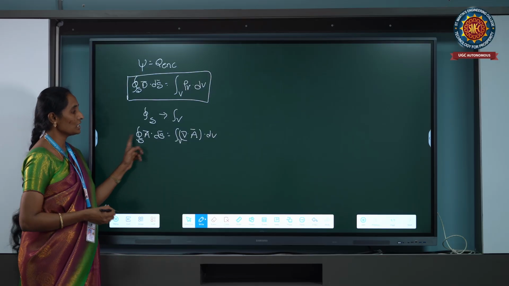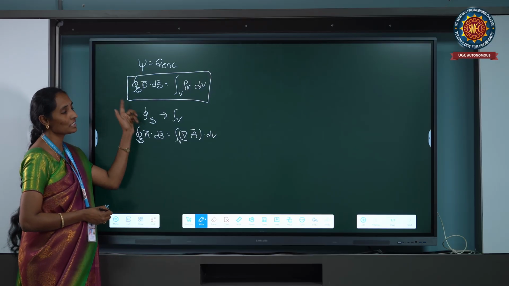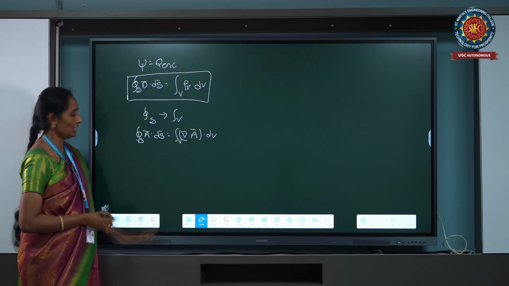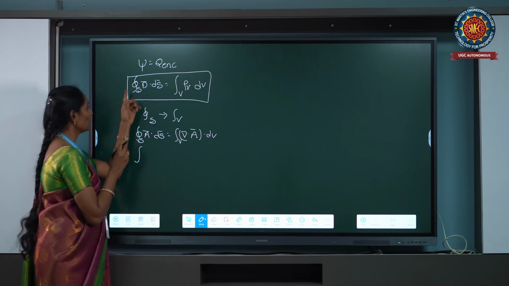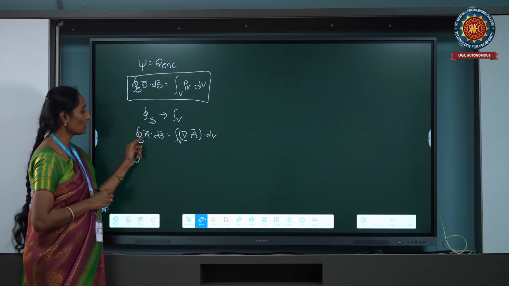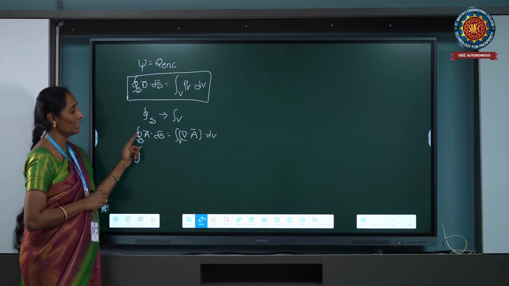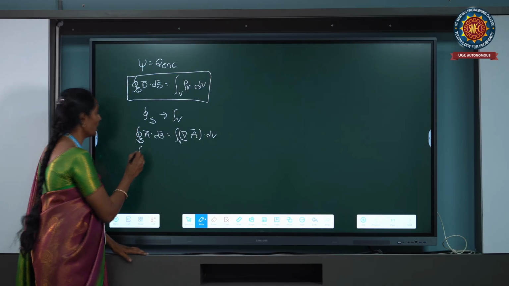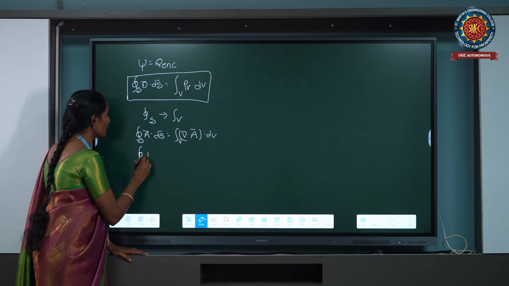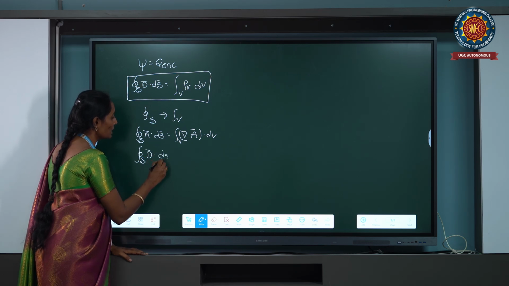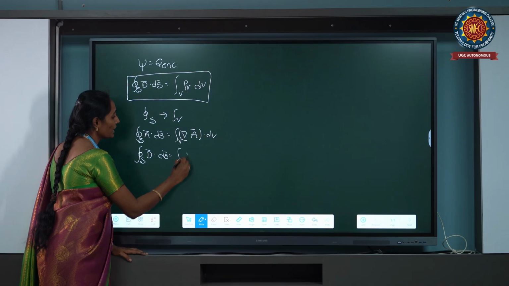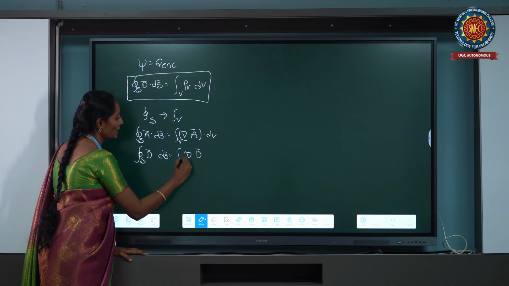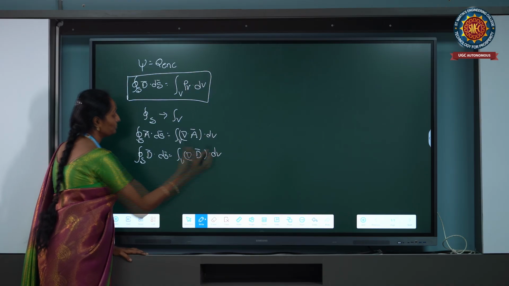According to this theorem, the left hand side changes to a volume integration. D bar is a vector quantity, so replacing A bar with D bar, the closed surface integration of D bar dot dS bar is equal to the volume integration of del dot D bar into dv.